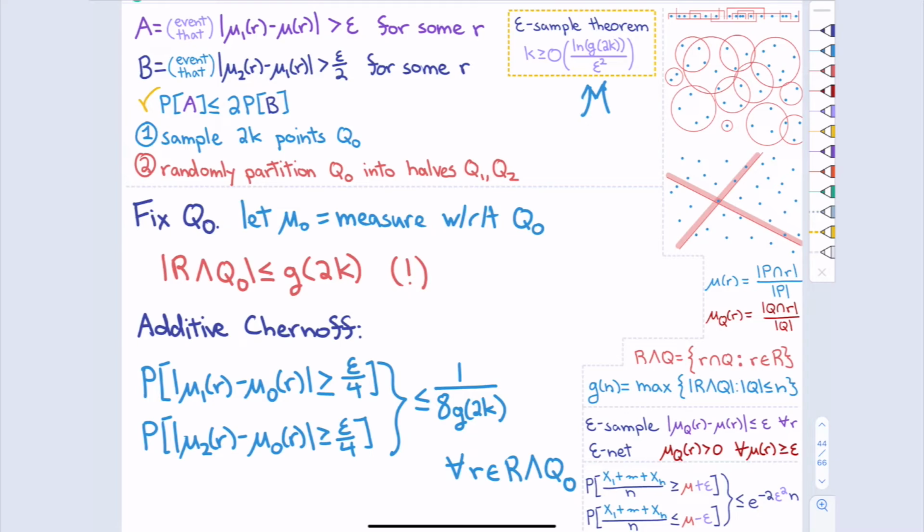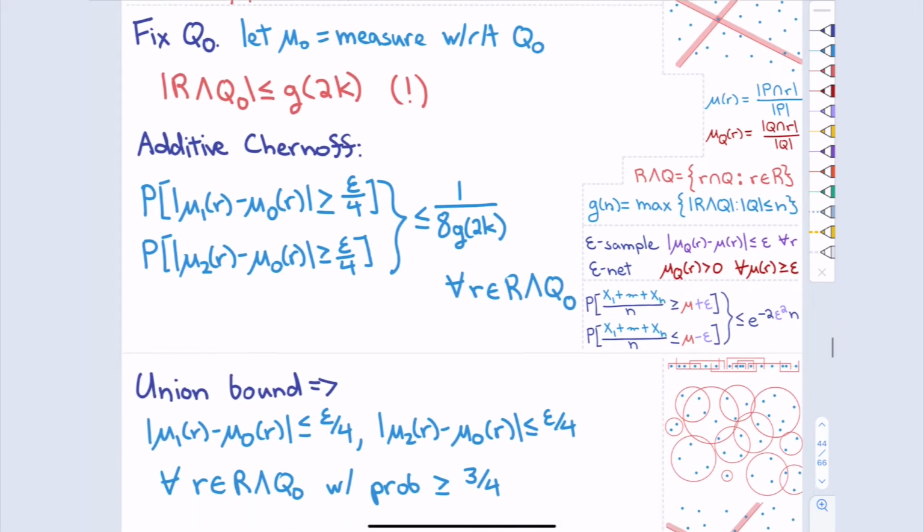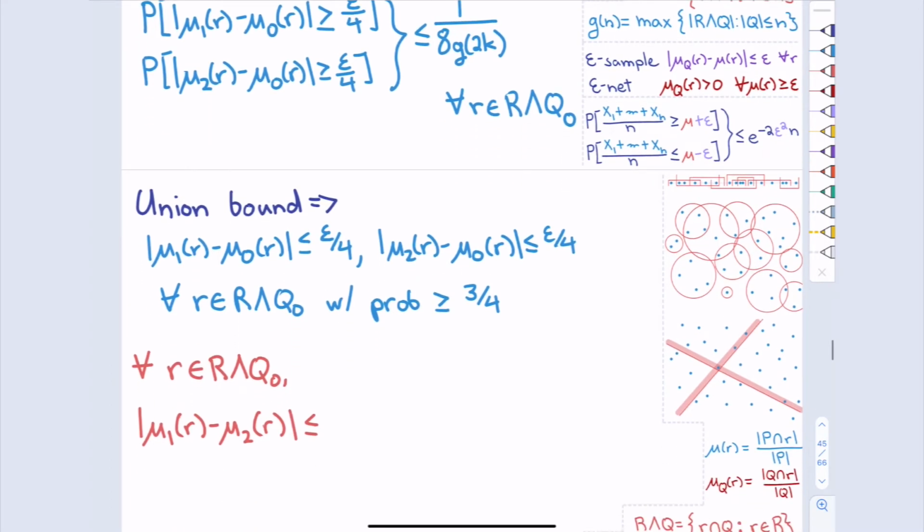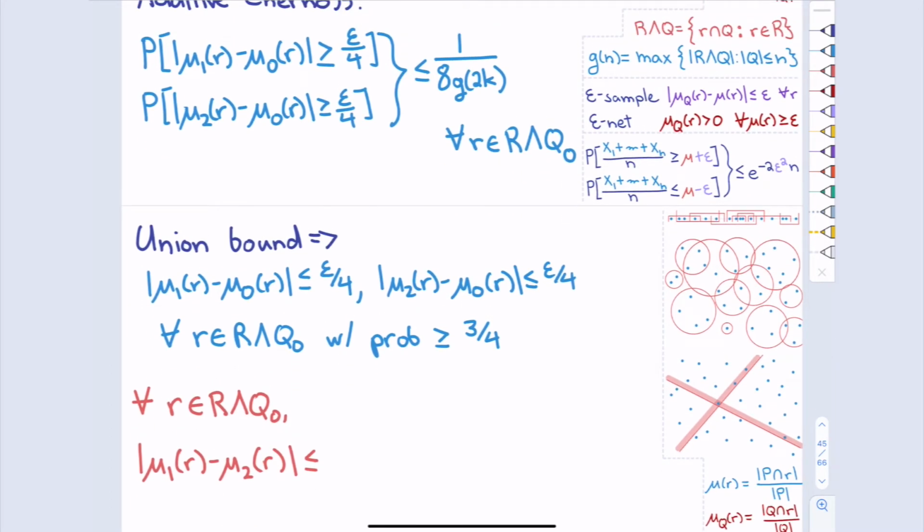But the point is that we'll get something inversely proportional to the number of ranges relative to Q0. G of 2K is an upper bound on how many distinct ranges there are in terms of Q0. So if we do a union bound, we have G of 2K in the denominator, so I can take a union bound over all the ranges relative to Q0. I have plenty for that.